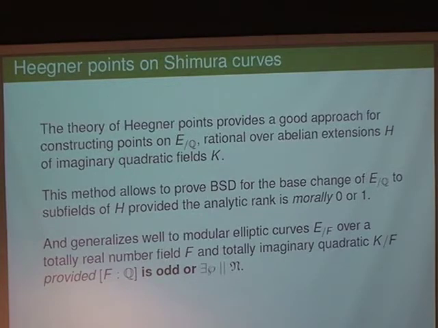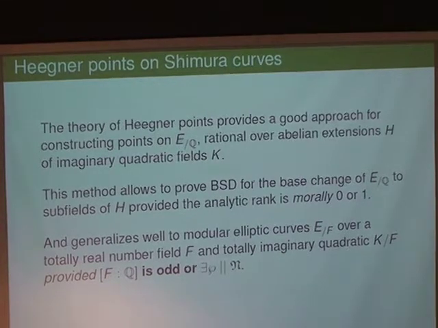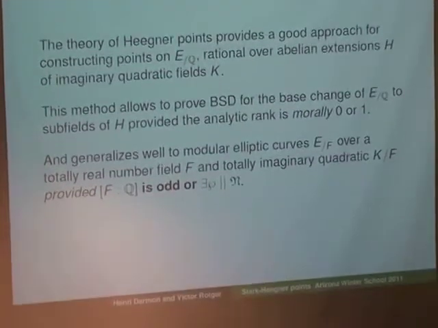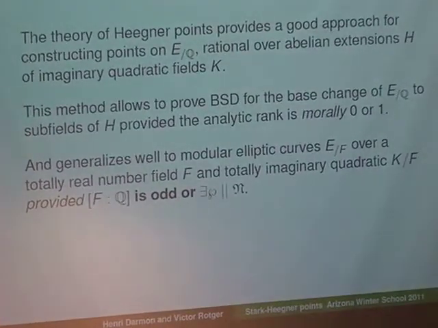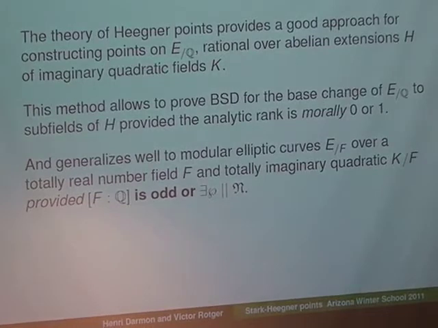Okay, but there is one direction in which all this generalizes very well. Change now the base field of your elliptic curve. Instead of being Q, take an elliptic curve over a totally real number field. Here the notion of modularity is also well understood.